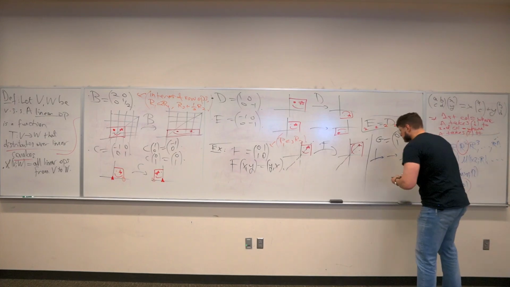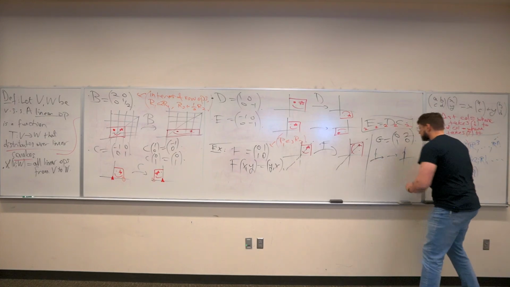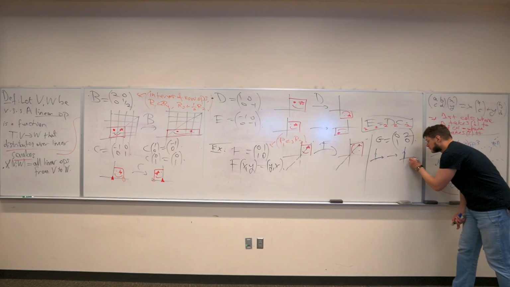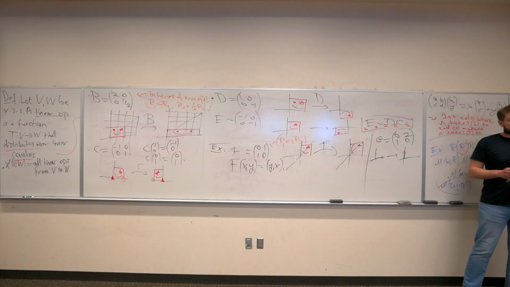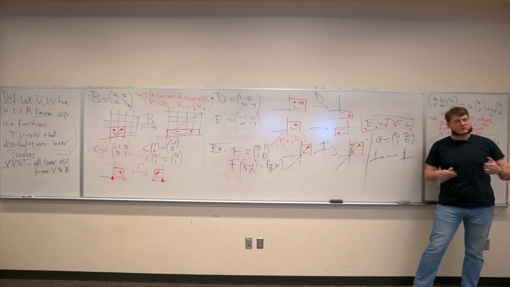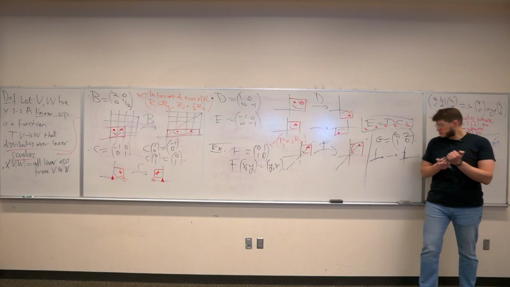And (0, 1) goes to (2, 0). If this is unit length, it becomes like this. So it's a reflection like so, but after you reflect, you expand also in the x-coordinates.